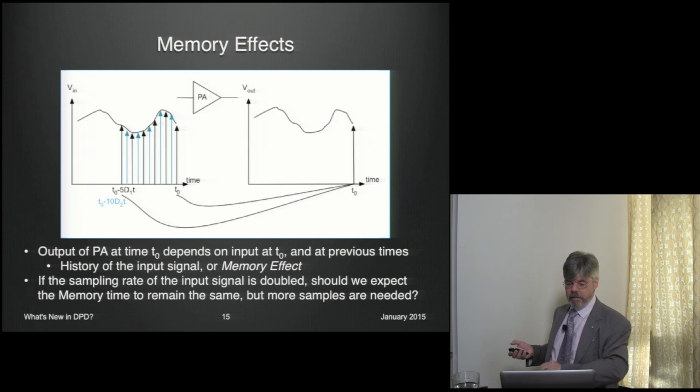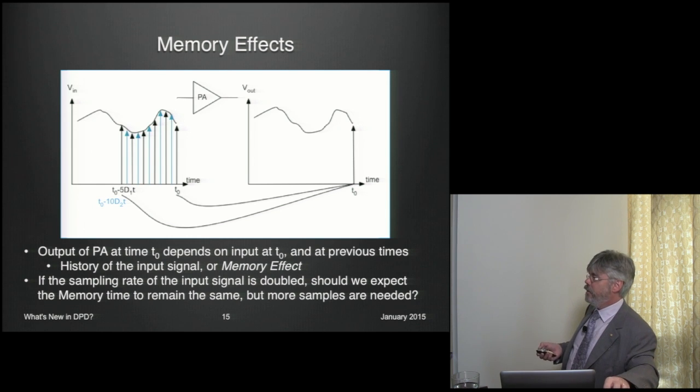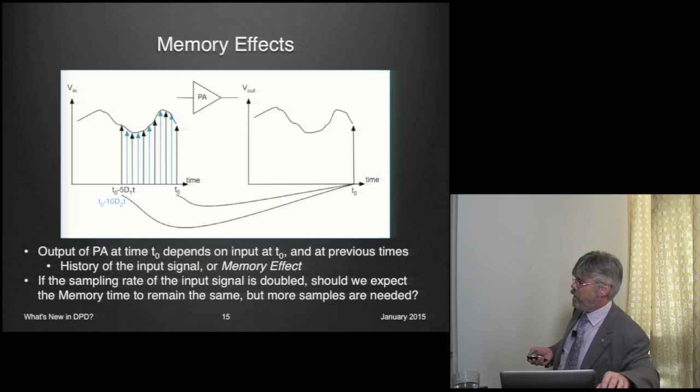So now, we're sampling much more quickly, does that mean we need to capture twice as much history in terms of digital data than we did beforehand? And I suppose if you think of memory as a finite amount of time where things happen, that is probably the case.